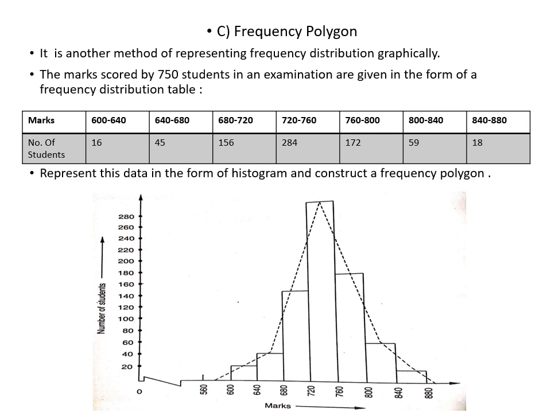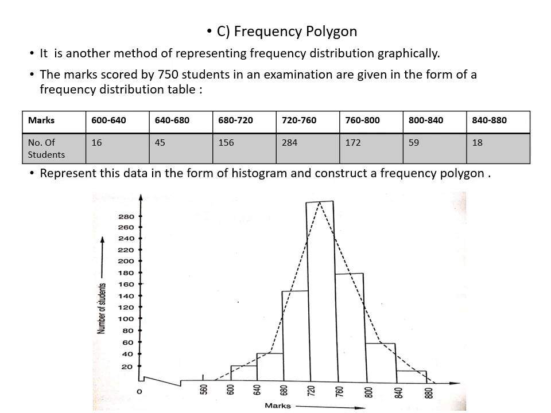It is very easy. For this also you first construct the histogram and then you mark the class mark of each class. For example, if you are taking 600 to 640, its class mark, meaning the middle number between these two numbers, is 620. So mark that point on the graph.